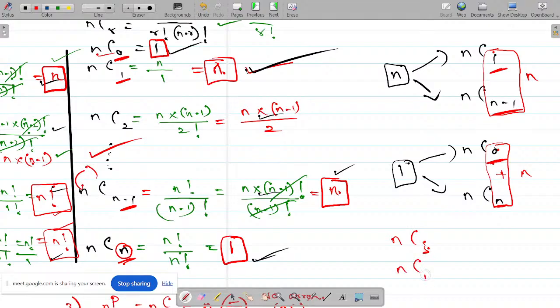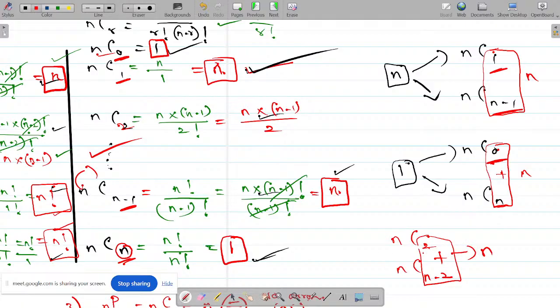NC N minus 2, right? The earlier to this one. If you add these two, what you'll get? Sorry, this is NC2, because I have taken NC1. Yeah, what value you'll get? You'll get N. If you add these two, you'll get N.